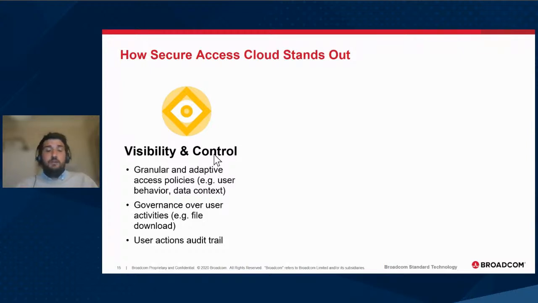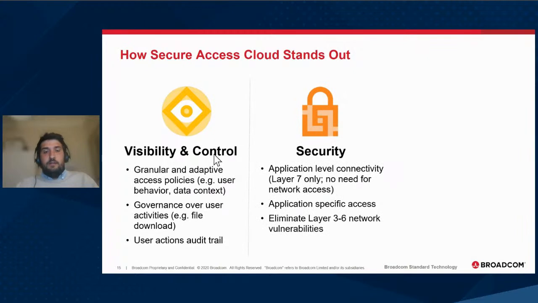We are going to check all the policy to know who is trying to connect and also the behavior of the user. Then the second one that we have is the security. We are going to add security to the environment because, like I say, we are going to use layer 7, the application layer. Without the network, if we don't use the network layer, we don't have to be worried about network attacks in that case.